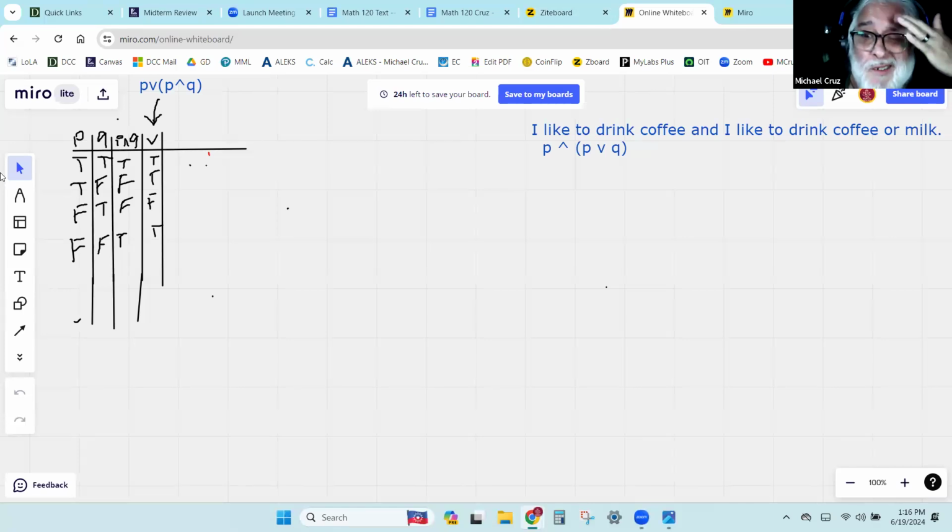So now what we need to have is P or Q. And then we do P or Q. It's a standard one, so it's just going to be three truths and one false.